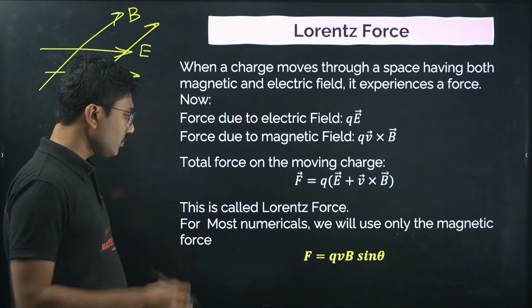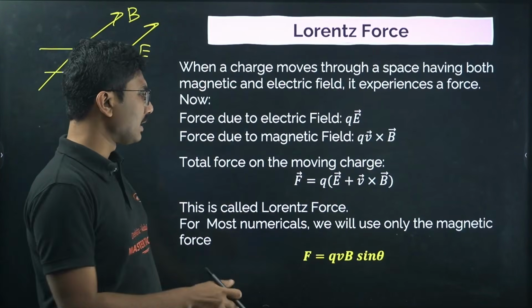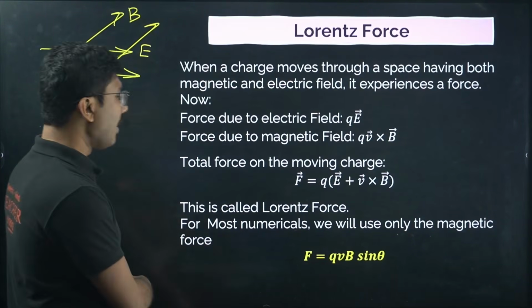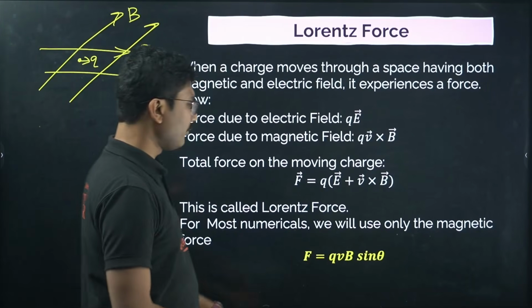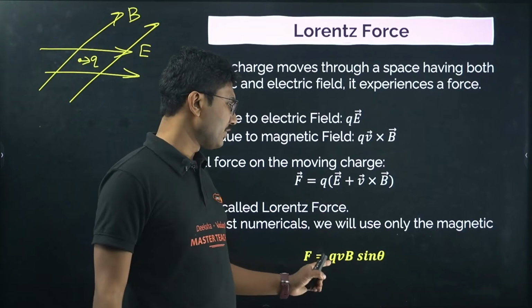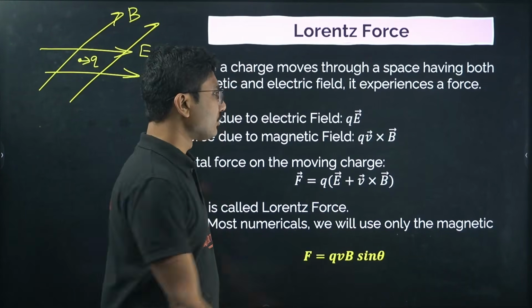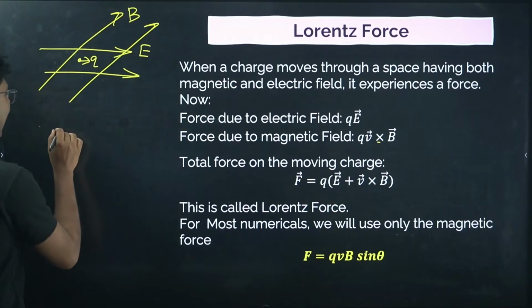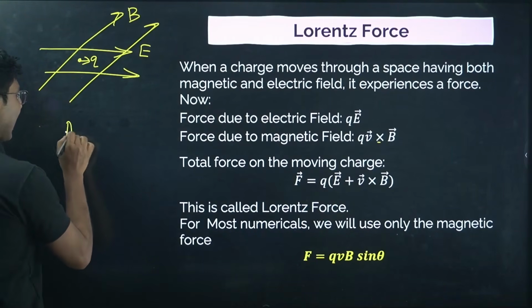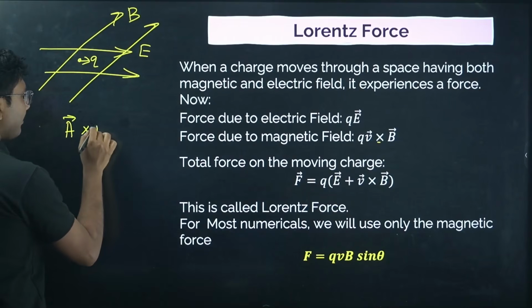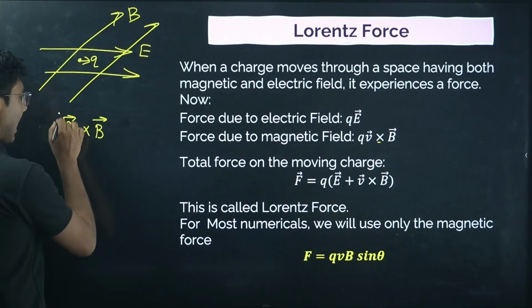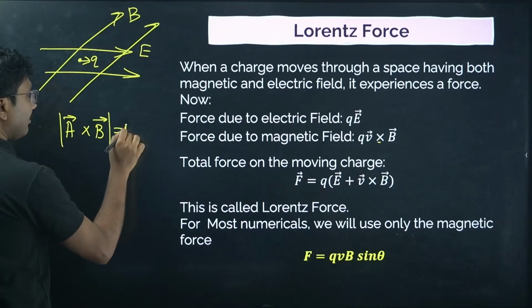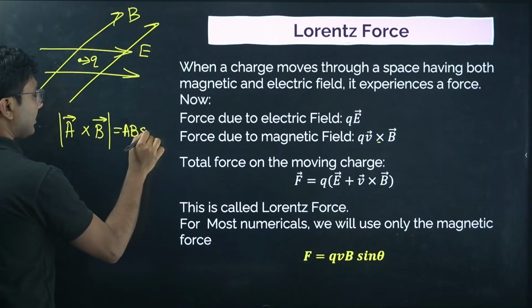Now for most numericals we will use only the magnetic force in scalar form, which is QVB sine theta. As you can see, we have a cross product. If you remember, for any two vectors, say A vector and B vector, if we cross them and take the magnitude, we get AB sine theta.